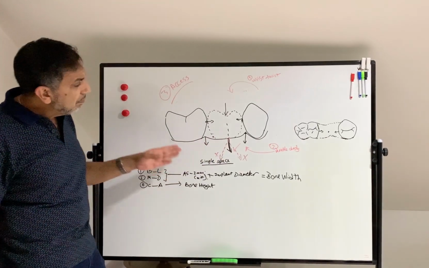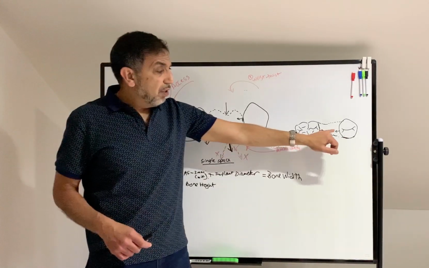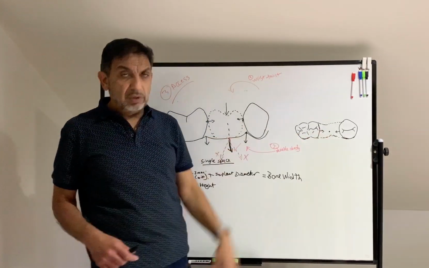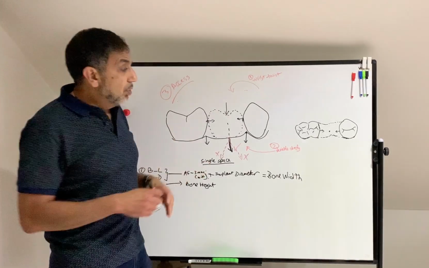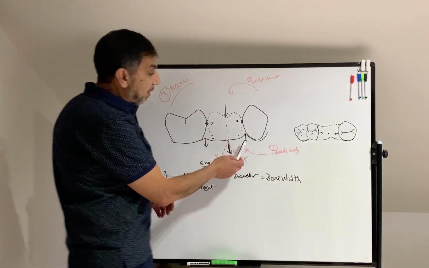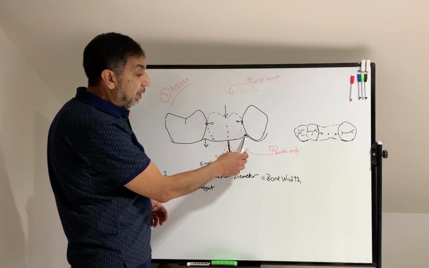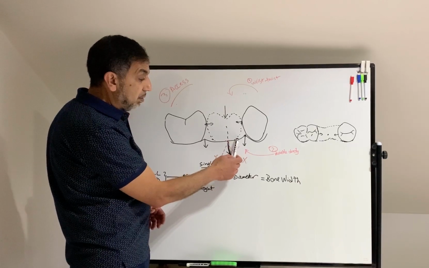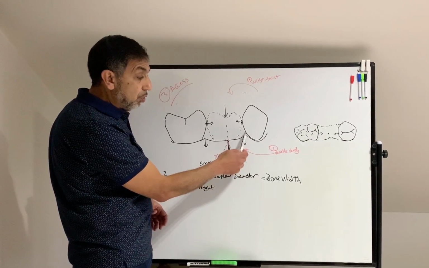Now, the other is trying to figure out where the implant center point is going to go. As a rule, you need 1.5 millimeters minimum between the implant periphery and the adjacent tooth bone.